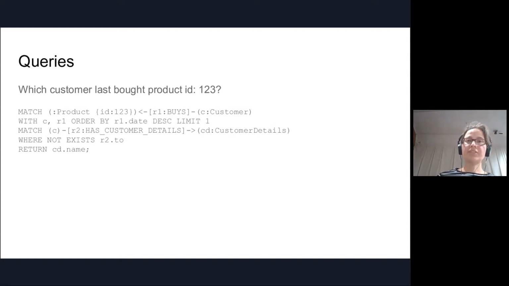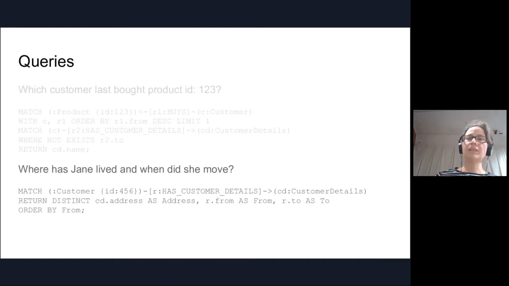So we're just pulling the most recent date, and then we're going to take the variables from our query, use the results from that, and start the second part of our query, which is match C, which we know is customer. R2 has customer details to CD customer details, and then we're doing that where not exists. So what we want to do is get the most current customer name, and then we're going to return the customer name.